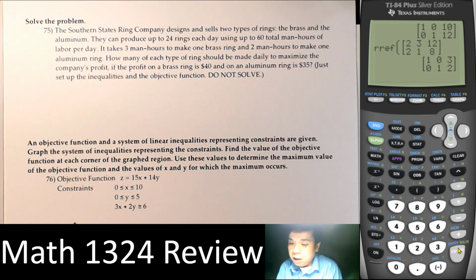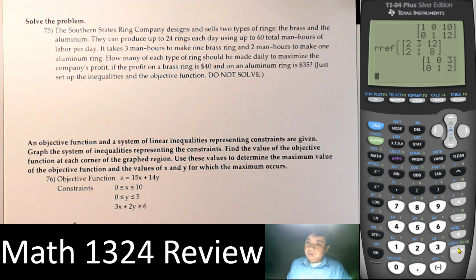The Southern States Ring Company decided to sell two types of rings, brass and aluminum. It can produce 24 each day and up to 60 man-hours. It takes 3 man-hours to make one brass ring and 2 hours to make one aluminum ring. How many of each type should be made daily to maximize the company profit?